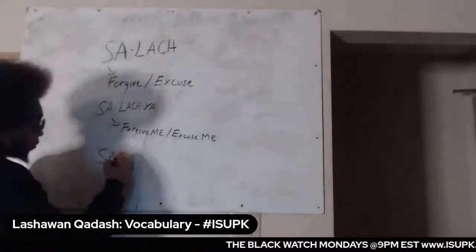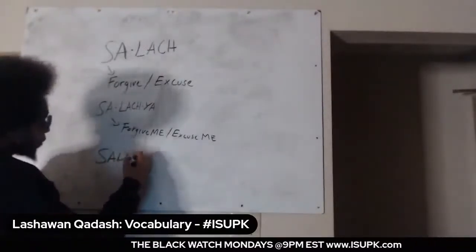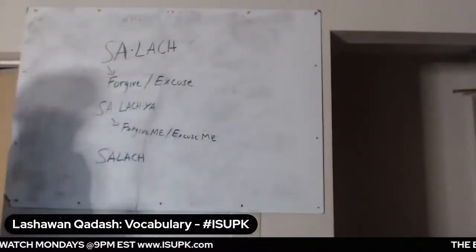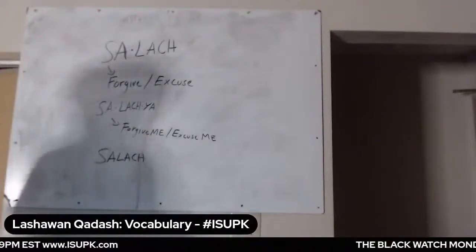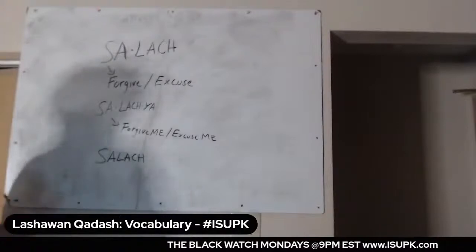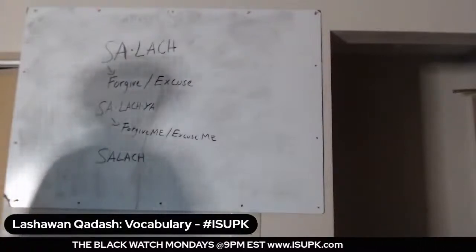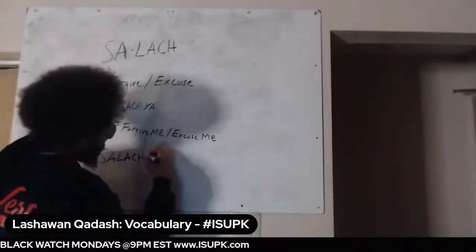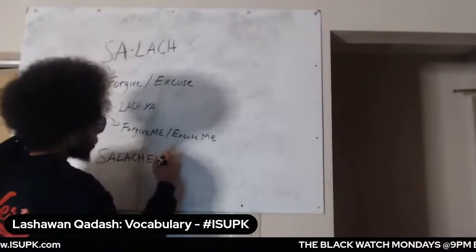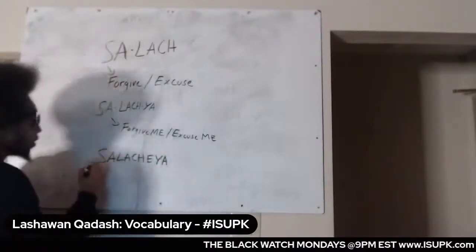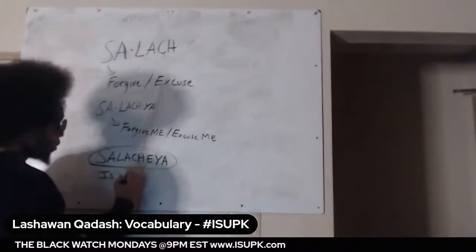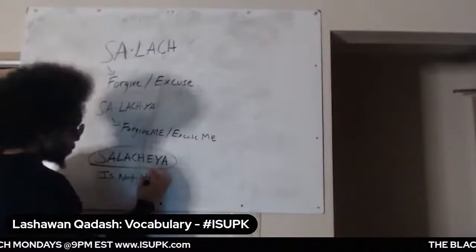Last thing I want to put on the board, right? Okay, so based on how brothers and sisters who are still learning, they might get this incorrect, which is no sweat. But there's nothing wrong with correction as well. Salat. So this is what I hear, right? This right here is not Hebrew.